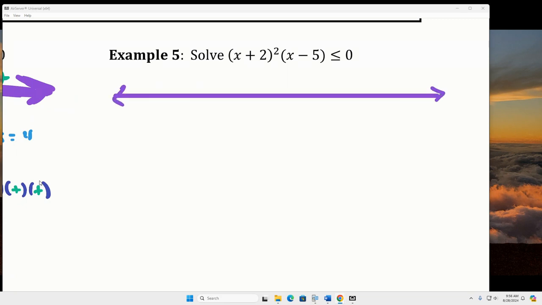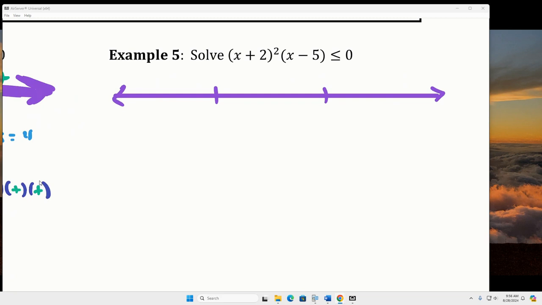All right, so I would always start off with my number line. And then I would find how many zeros there's going to be. What do you guys think? 2. If you count the multiplicity, I guess it's 3, but we just need to find the actual x values.